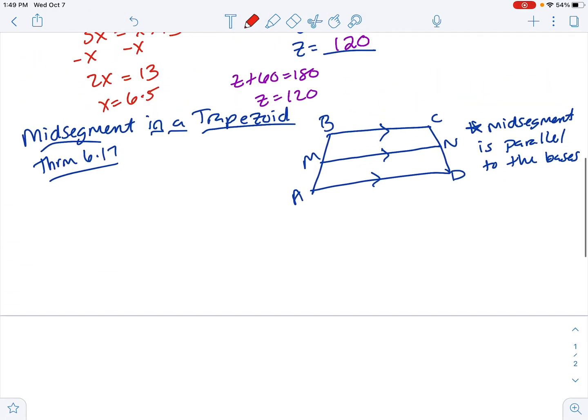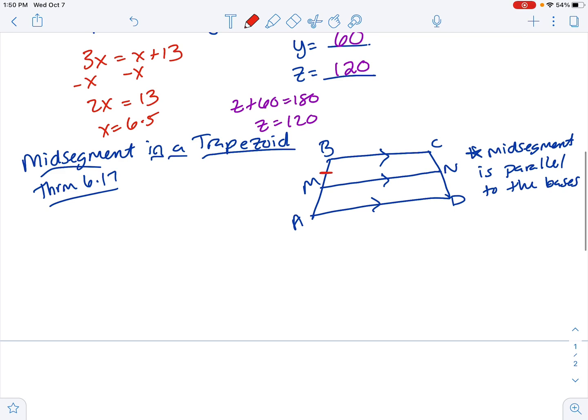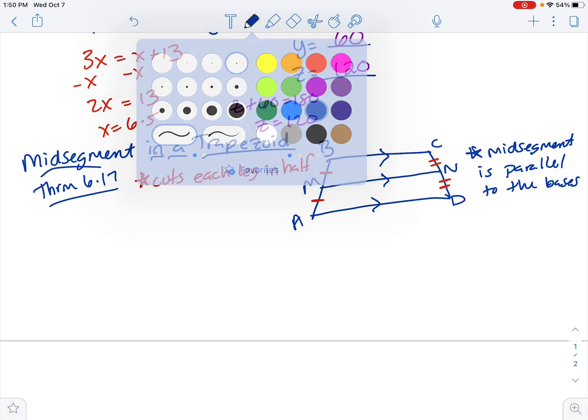So if it's going to cut each leg in half, that means BM and MA would be the same, and then CN and ND would be the same. It cuts each leg in half, or it bisects each leg.